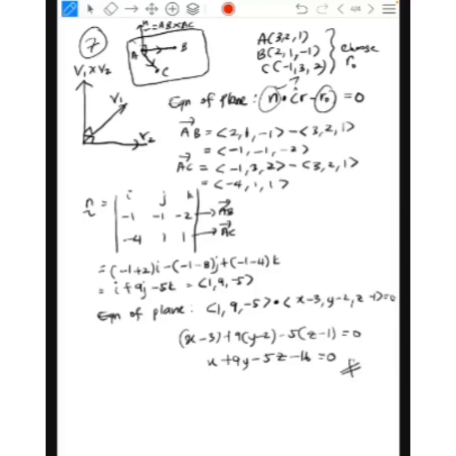This is how you do it. Okay, we have to find the n vector by doing the cross product of any two vectors. Okay, I choose the point A.